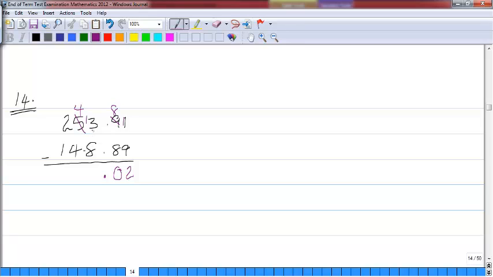So 8 from 13 will leave 5, and 4 from 4 in the tens column will leave 0, and 1 from 2 will leave 1. So my answer should be 105.02, and that will be D. So for number 14, my answer is D.